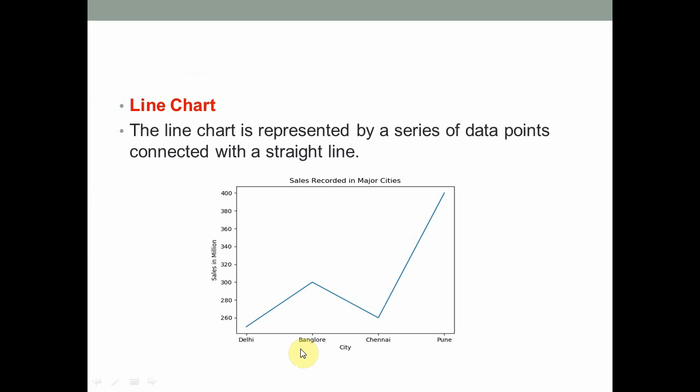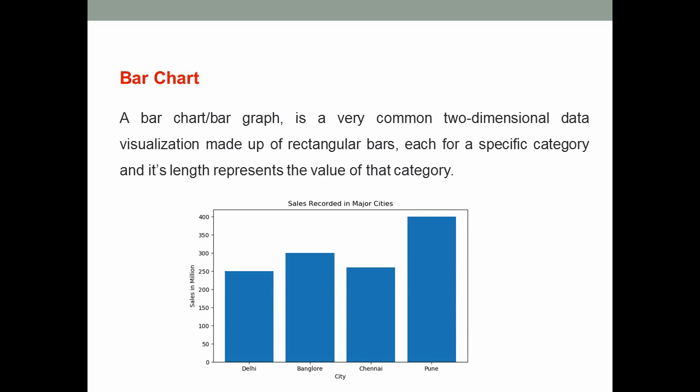So what are the different types of charts we can draw in Python? As per our CBSE syllabus, the first is the line chart. A line chart means a series of data points connected by straight lines. It can be seen here how the line chart appears on the screen. Then the bar chart. Generally a bar chart means data is represented in terms of rectangular bars, either horizontally or vertically.